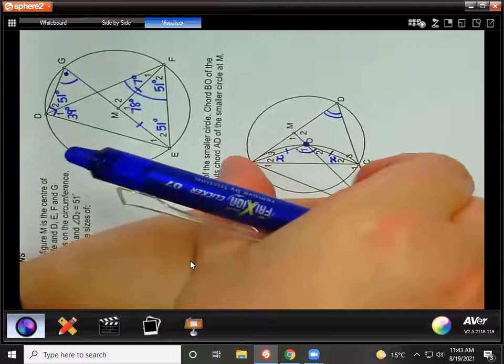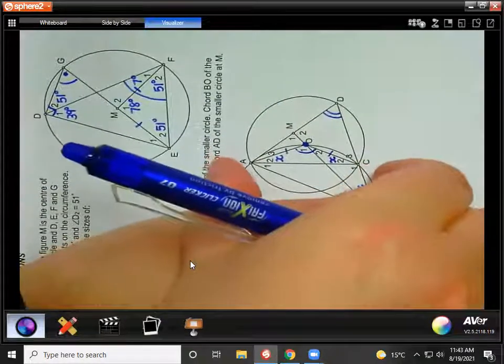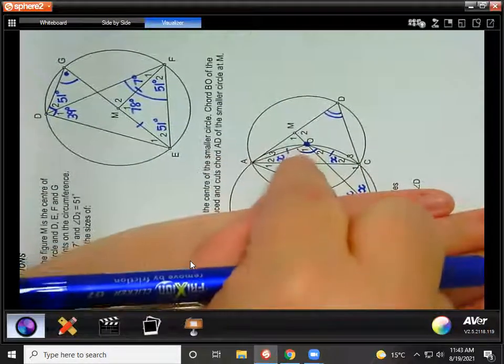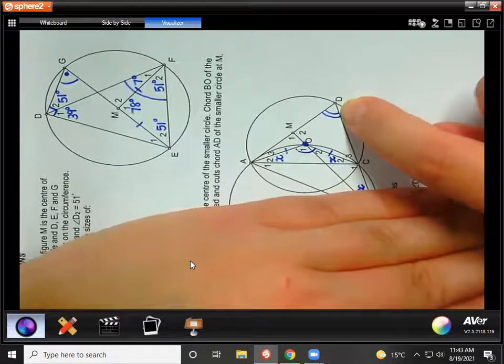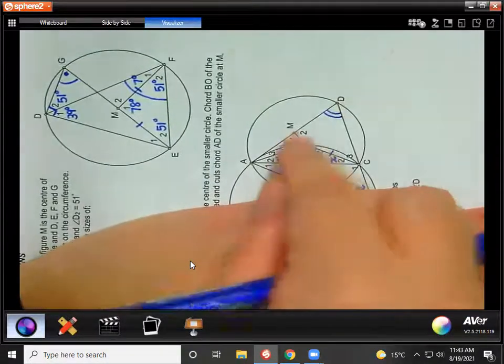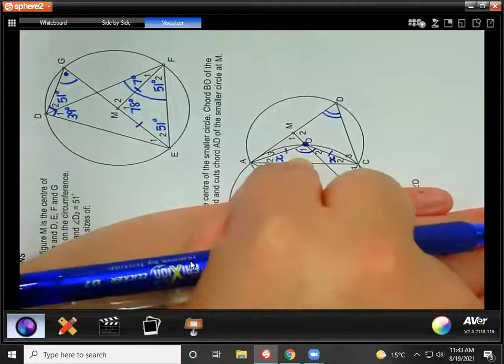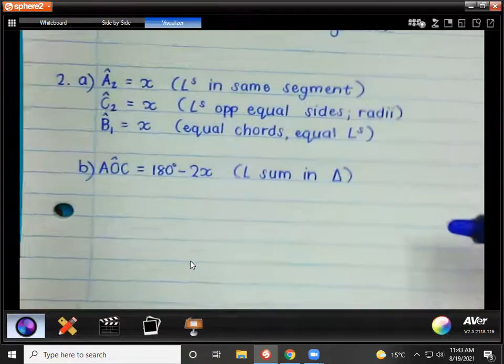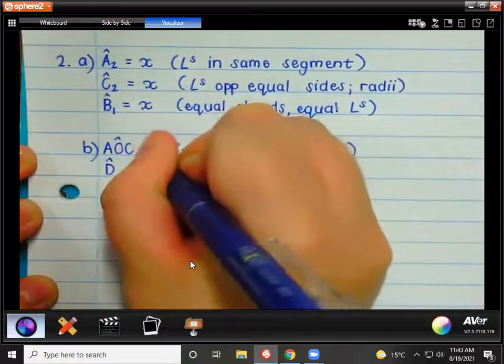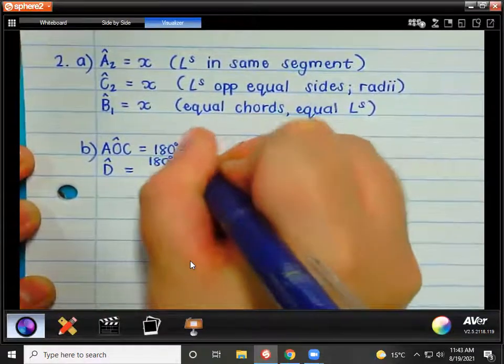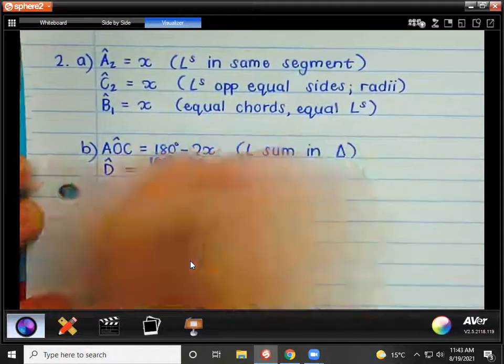AOC is subtended by AC and D is also subtended by AC. AOC is at the center. D is at the circumference. So D is supposed to be half of 180 minus 2x. All right, so I'm going to write it like this. Angle D is 180 minus 2x divided by 2.